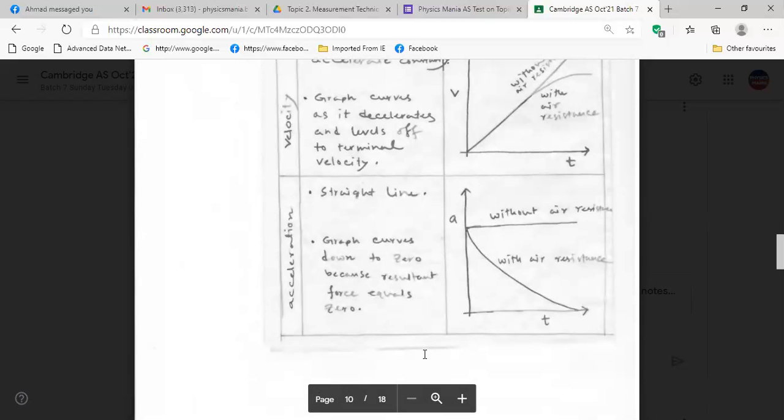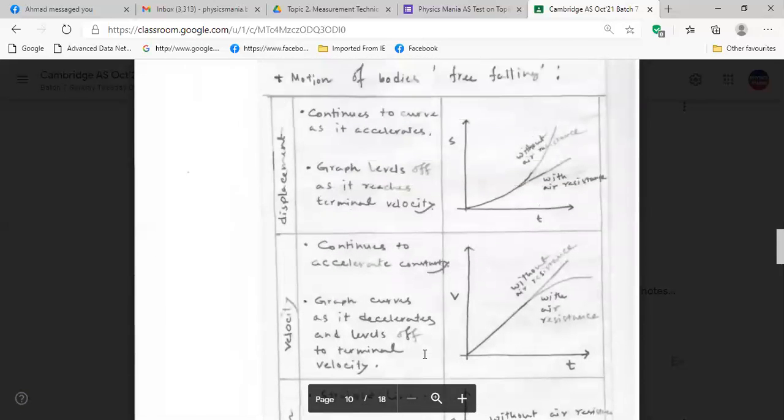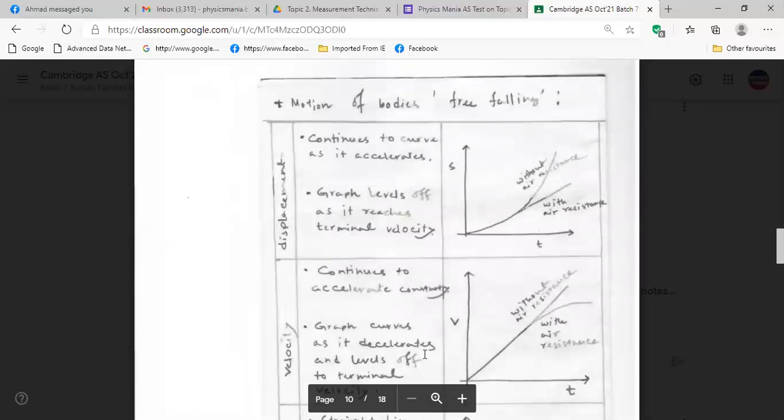For the same thing we will try to understand how it is working. So the first thing is how the object will fall without air resistance, and with air resistance.